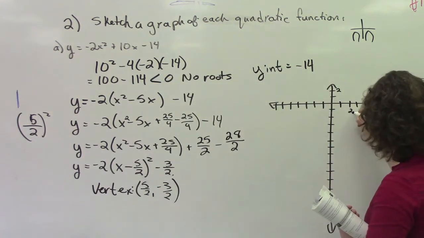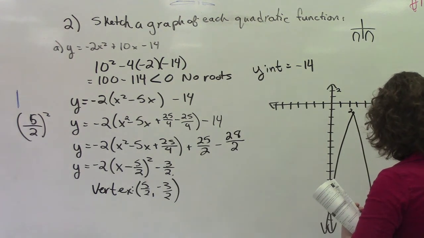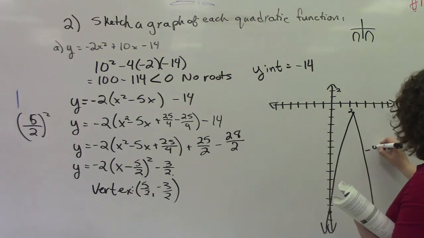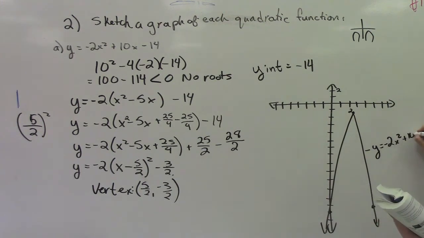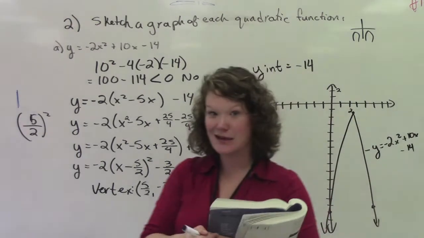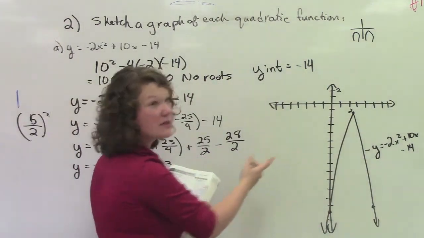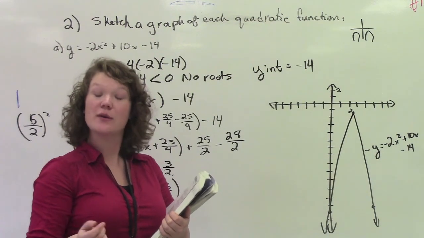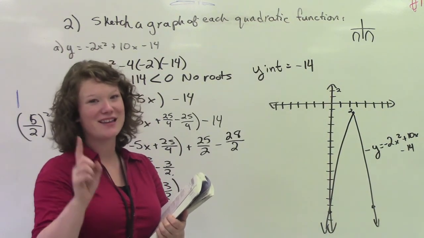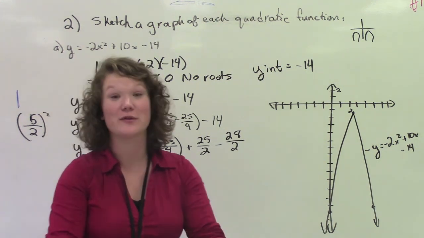So then I can just connect the dots. And this right here is my y equals negative 2x squared plus 10x minus 14. And we're done. It's pretty easy actually when we don't have any roots, because we don't have to find the x-intercepts. The next question though, you bet your bottom dollar, we're going to have to find out what the roots of that equation are.